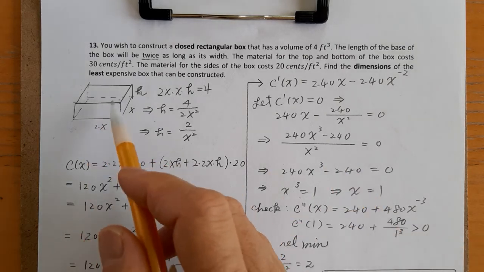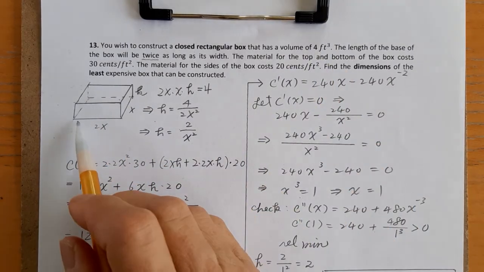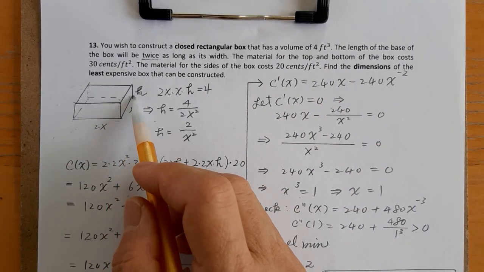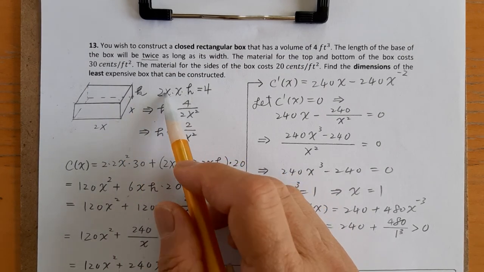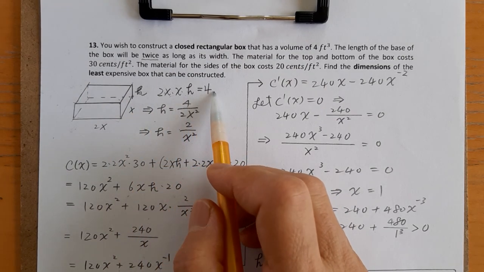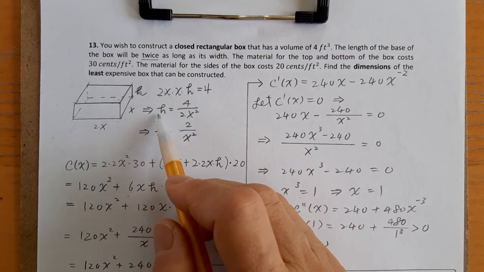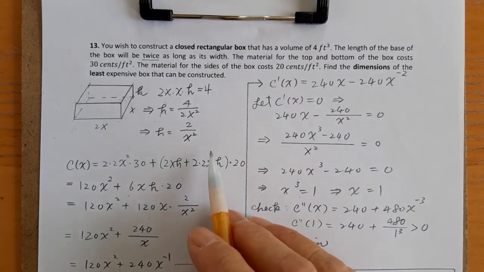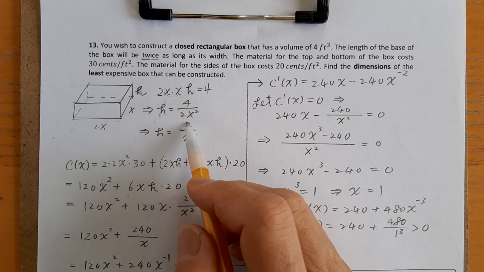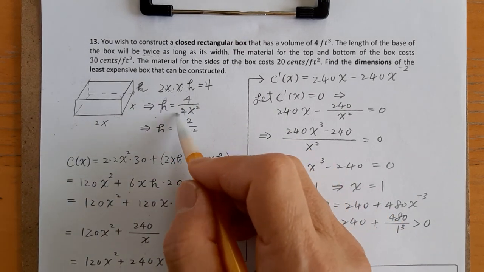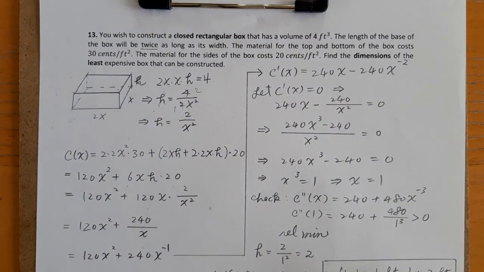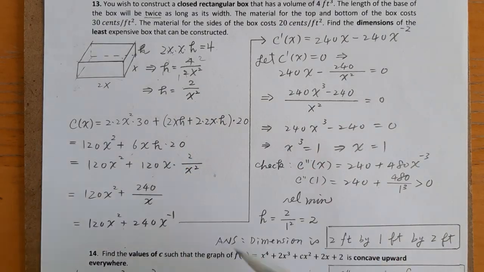The total volume is 4, so length 2x times width x times height, 2x times x times height should equal 4. Then write h in terms of x: h is 4 over 2x squared, cancel 2, and get h equals 2 over x squared.